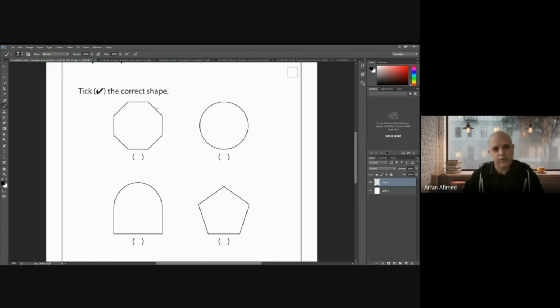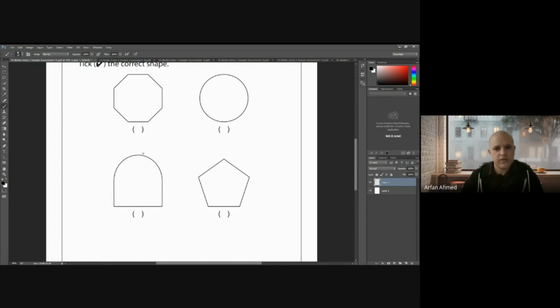Okay, well, definitely what's that one? 1, 2, 3, 4, 5, 6, 7, 8. Octagon, isn't it? That's definitely got 8 lines of symmetry. The circle's got loads of lines of symmetry. It's got like an infinite number of lines of symmetry. You can fold it so many different ways through the center. This shape here definitely has only got one line of symmetry straight down the center.